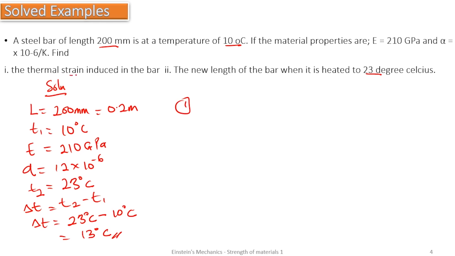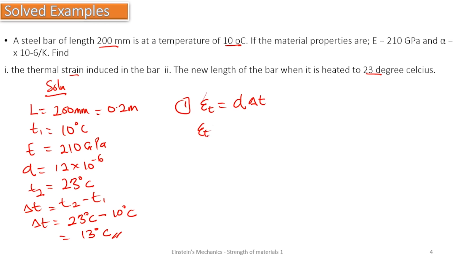So back to my question. The thermal strain. And I know that thermal strain is giving us what? The alpha change in temperature. So I have all of them. The alpha is a constant. Every material has its expansivity, so it is a constant value. So let's look at this.